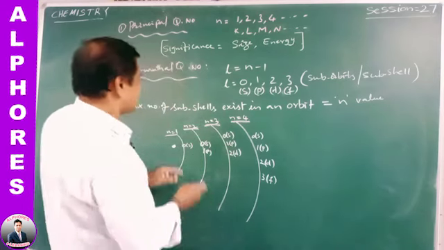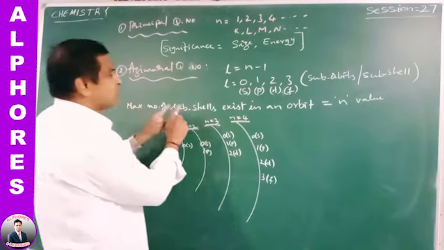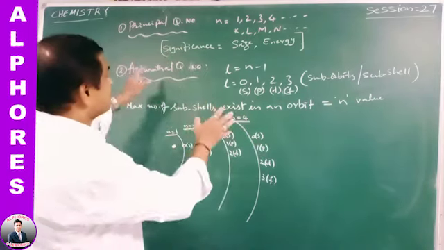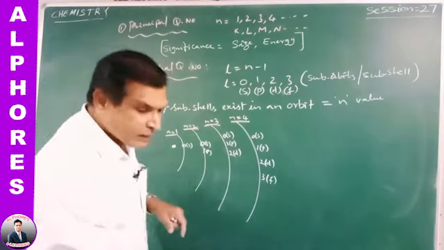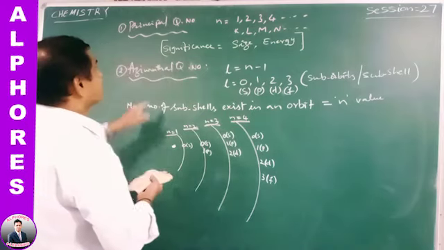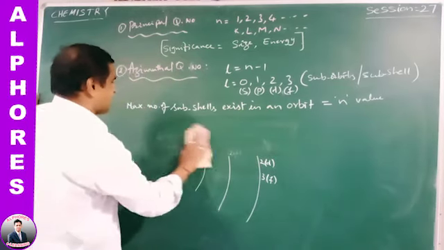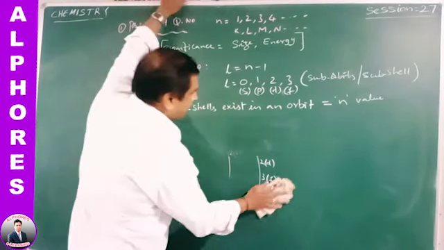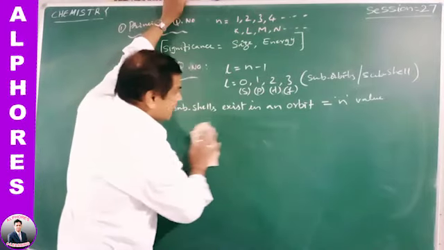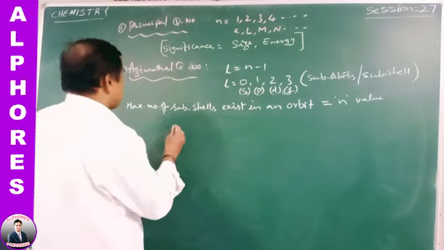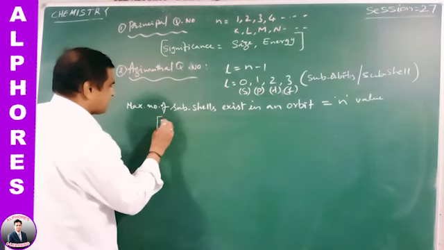The maximum number of subshells in an orbit equals the n value. That is the azimuthal quantum number. Now, the significance of the azimuthal quantum number: it explains the existence of subshells and their shape.